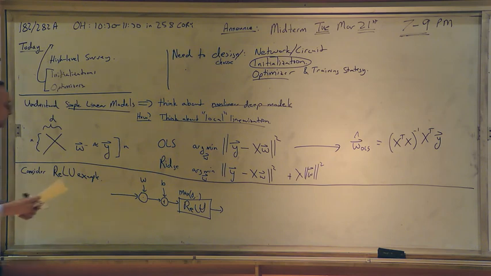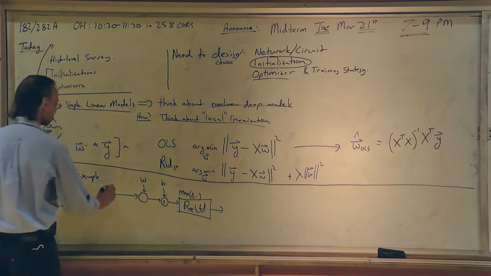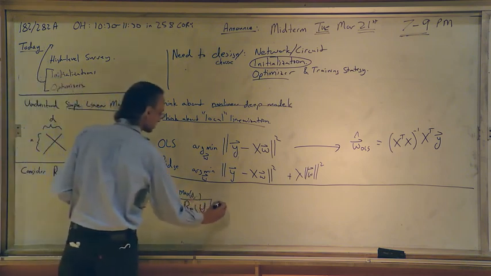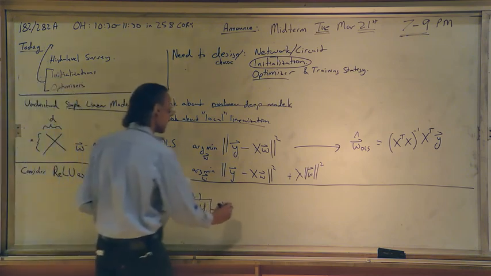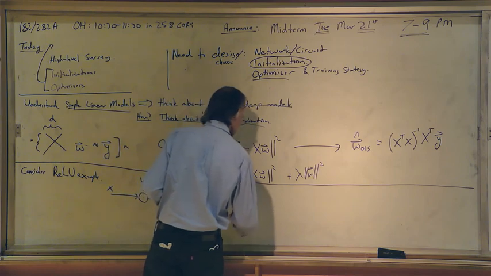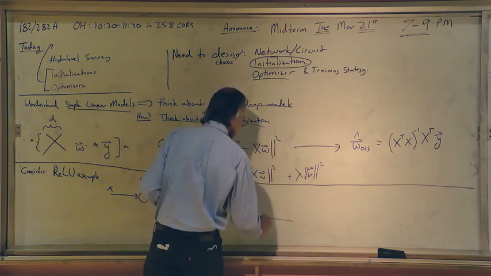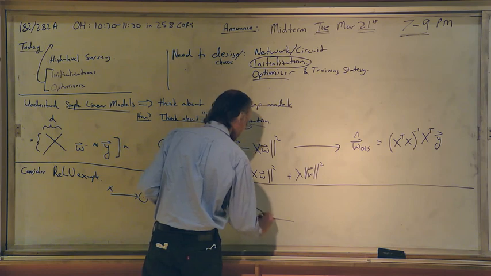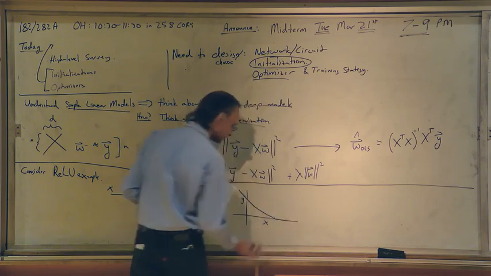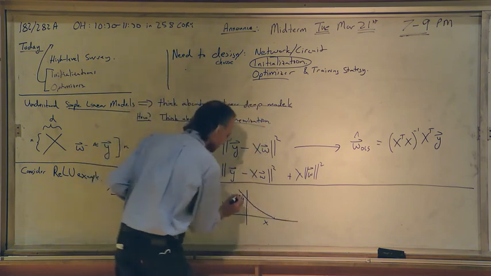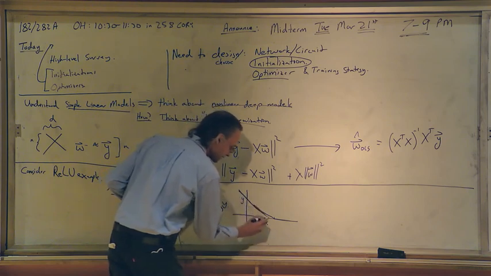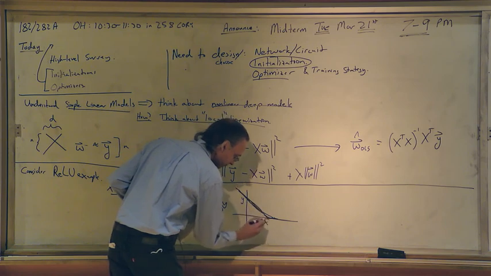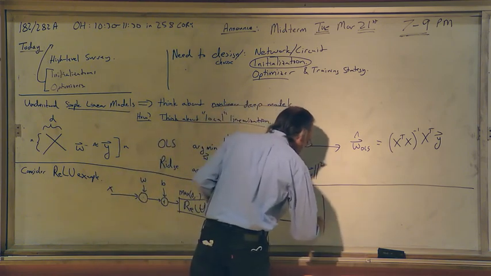We saw before that this thing, as a function of x, if I think of this as y, behaves like this: either it's a straight line, or you have a corner like this.